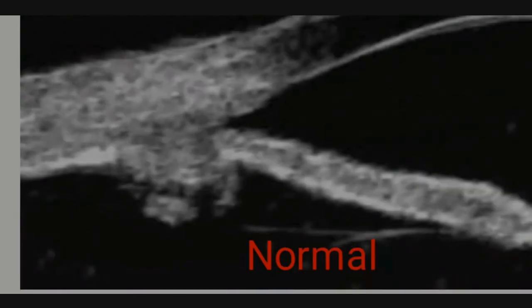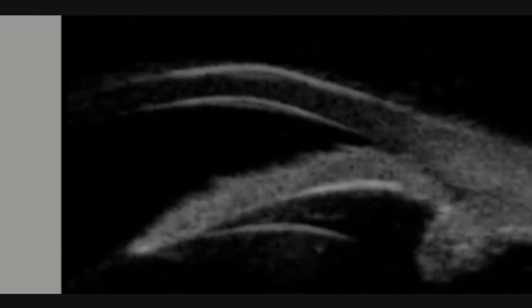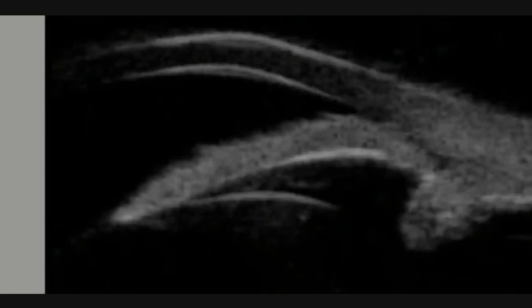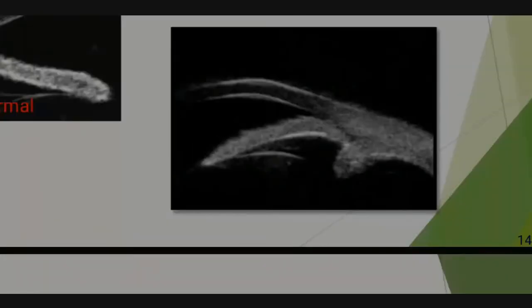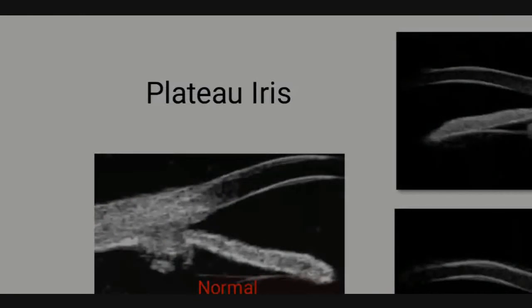See how the iris is: it is flat, like a line, and here it is a little bit elevated. So mostly, if we find these features, we write it as plateau iris configuration.